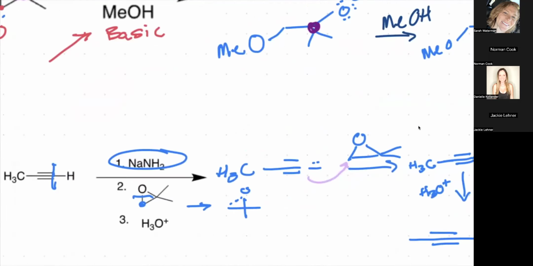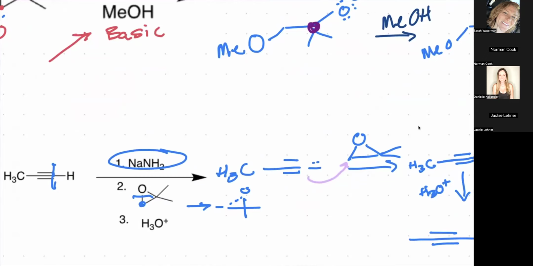Because this is basic conditions, we're going to add to the least substituted, right? So we know that this triple bond here is going to attach to this here, which is going to cleave this bond. And so then this ends up turning into, without the triple bond, this situation, because we've broken the epoxide here, right? So that's how we end up having this.